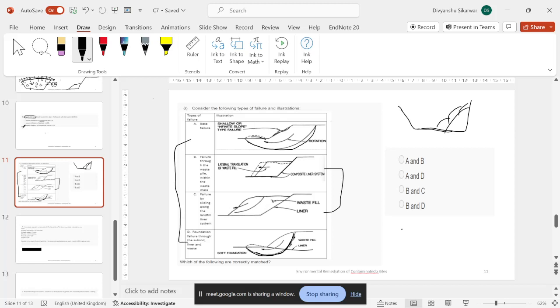Fourth one, sir. That is not correct. A and D will be the correct answer. Then basically B will be the correct one. A and B are correctly matched. A and D, sorry, A and D. These two are not correctly matched.